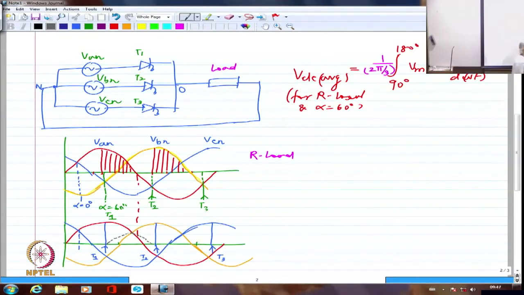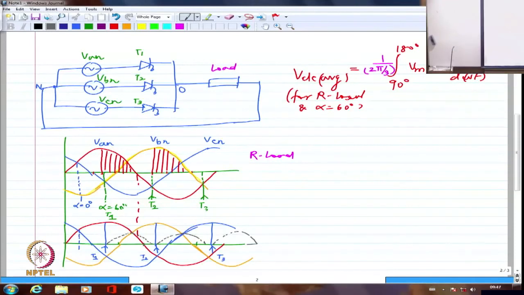Obviously, the next phase current would start again similarly, reach the peak somewhere here and then come down until here. Similarly, I may have the third phase current rising and then coming down like this. So I have just shown the three phase currents. Please note that because inductance is there, even beyond 180 degrees of VAN, the current could continue depending upon how much energy is stored in the inductance.